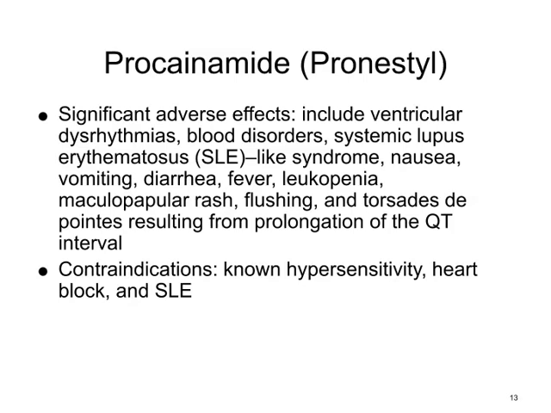So some of the other things that can happen, diarrhea, this lupus-like syndrome, leukopenia, torsades from the prolonged QT interval. Torsades is a very specific type of ventricular tachycardia. Contraindications to this one, of course, if somebody's allergic to it, has a hypersensitivity. If they're already in a heart block, we don't want to actually slow down their repolarization, and anybody who actually has lupus already.